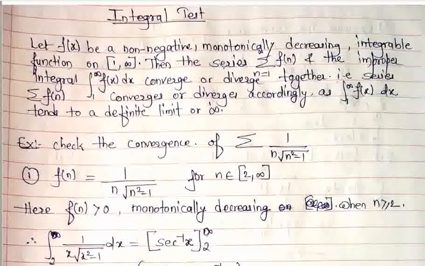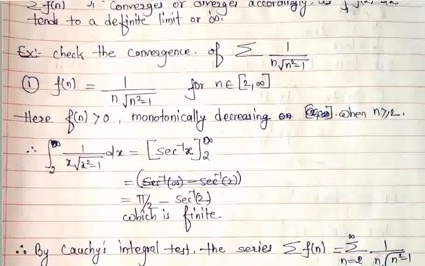Then the series sum of f of n and the improper integral from 1 to infinity of f of x dx converge or diverge together, i.e. the series sum of f of n converges or diverges accordingly, and the integral of f of x dx tends to a definite limit or infinity. So simply they are saying here that the two limits are infinity here and 1 here. So it could converge or diverge, etc. We have to check the convergence of this for this example.